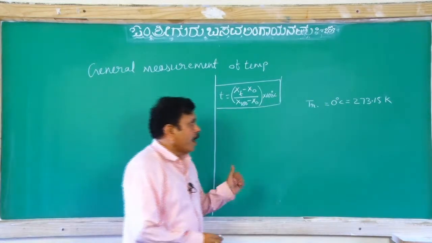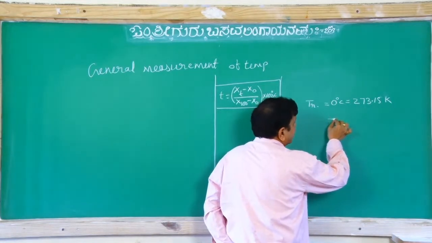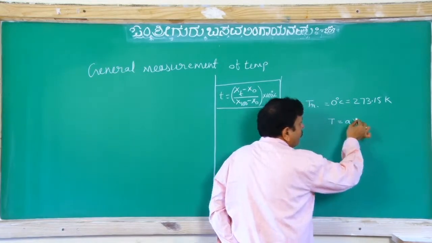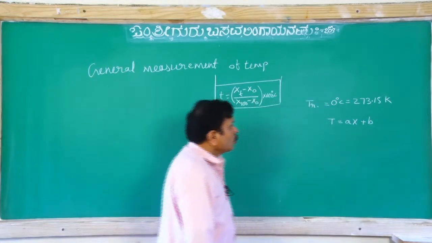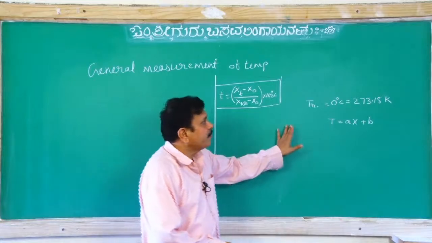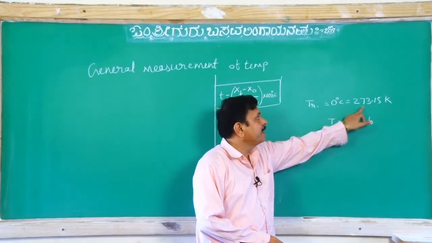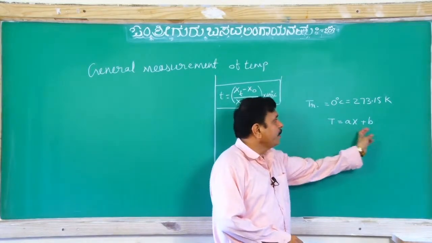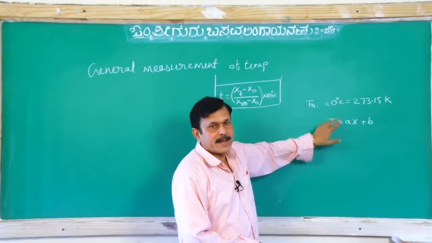Now, here we will use a parameter: some temperature T equal to A into parameter X plus B. So, this relation will give us the measurement of temperature in terms of Kelvin. Here A and B are constants, X is the parameter, T is the temperature.